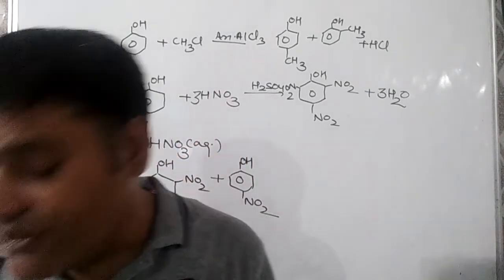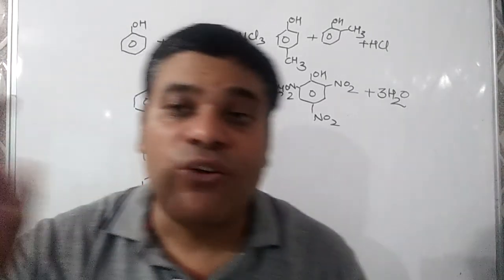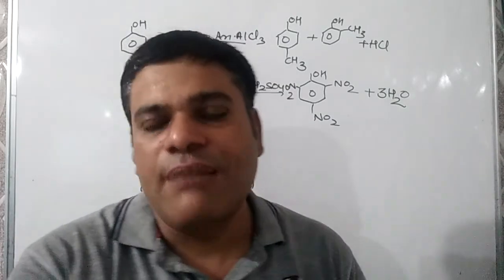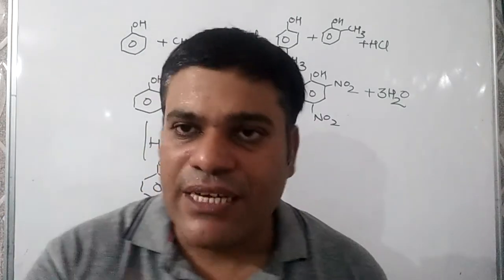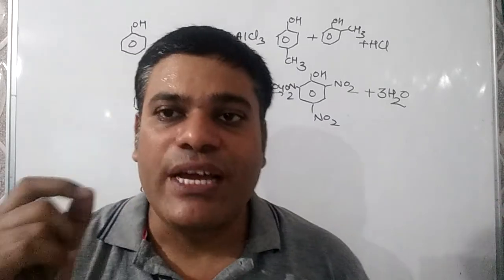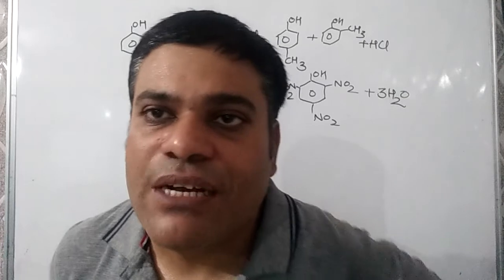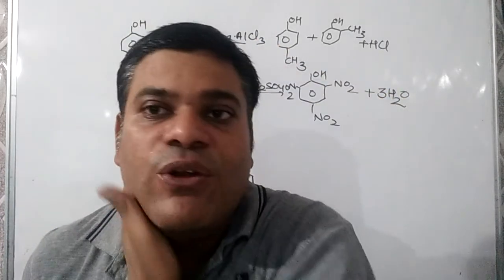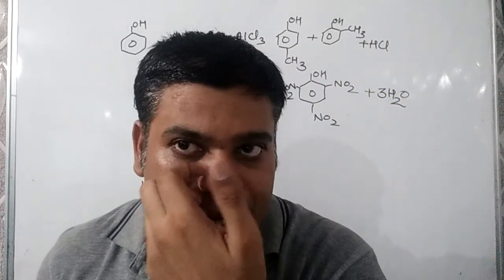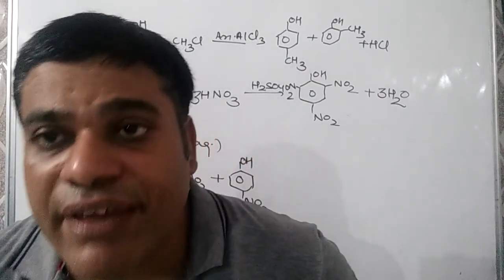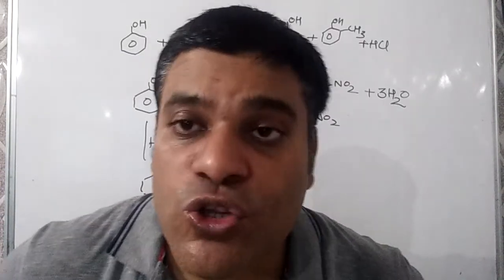Now a question might be there in the exam: why is 2-nitrophenol more stable than 4-nitrophenol? The reason for that is intramolecular hydrogen bonding. The next question might be: para-nitrophenol has a higher boiling point than ortho-nitrophenol.